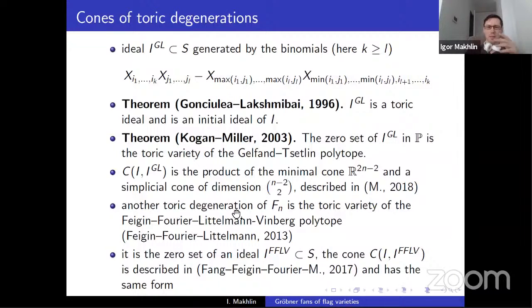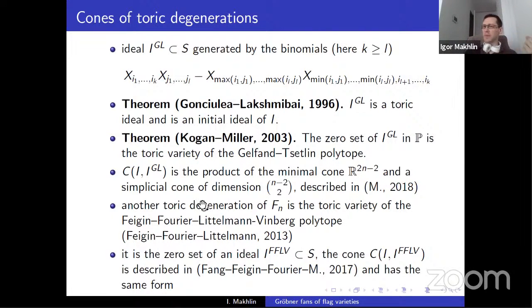But there is another similar one. When it comes to degenerations of flag varieties, there are various constructions, but most of them are pretty abstract. This Gelfand-Zetlin degeneration is nice in the sense that it is very explicit. We can write down the ideal, we can write down the polytope very explicitly.